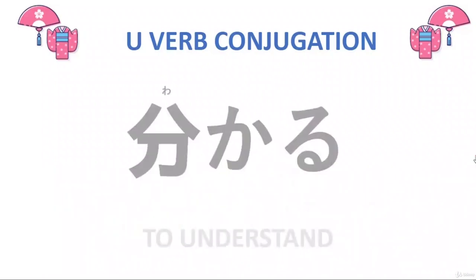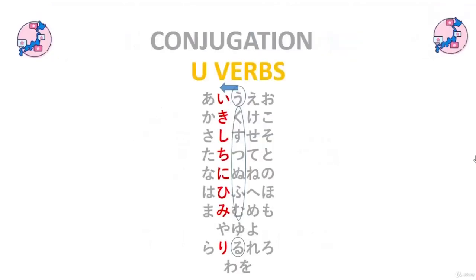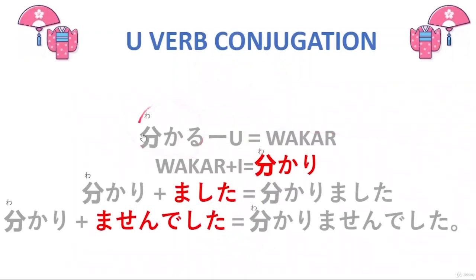Another u verb that ends in ru, wakaru, to understand. So ru would move into ri. So from wakaru, we move to ri. So we will have wakari.